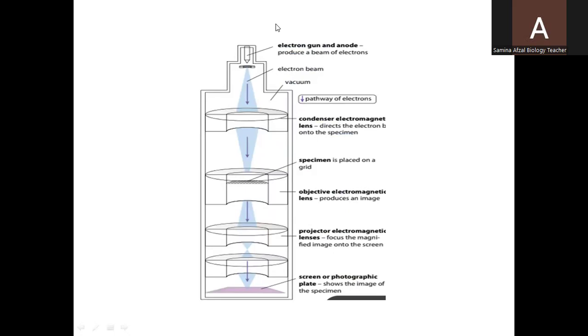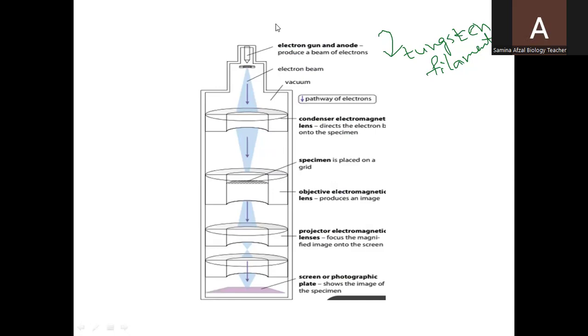First of all, you can see on screen the electron gun and anode, which will produce a beam of electrons. This electron gun has a tungsten filament which will produce this beam of electrons.